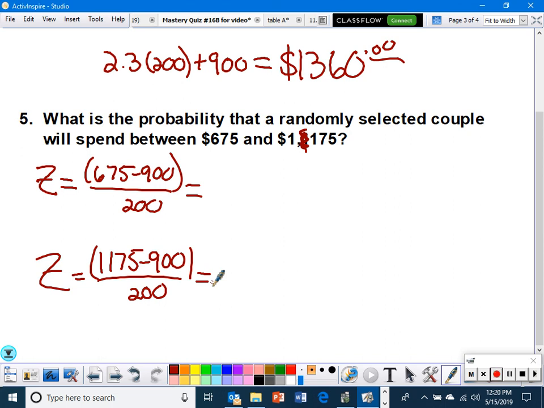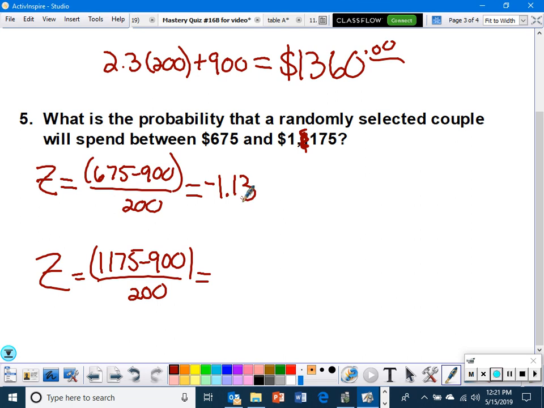The first z-score is, okay, I'm going to round this, negative 1.13.